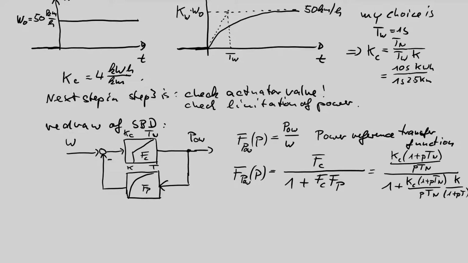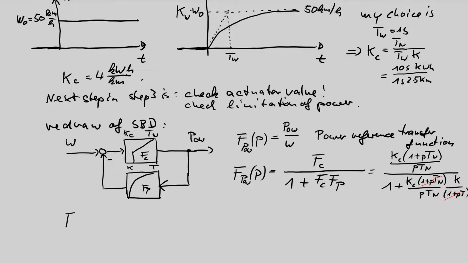So in the denominator we still have the elimination of the pole, but here this zero has no partner in the process, so we now have a different function.